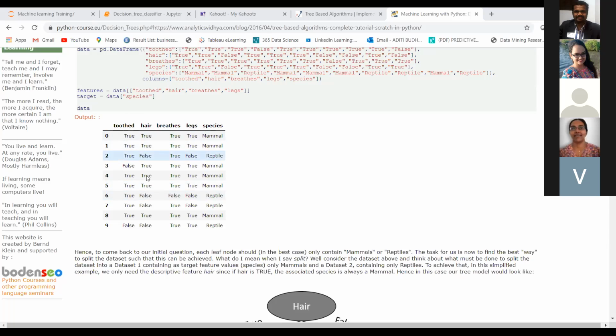So we have these features, or the columns, with us, and this is the actual output. We will be using these features to predict whether that animal is a mammal or reptile.